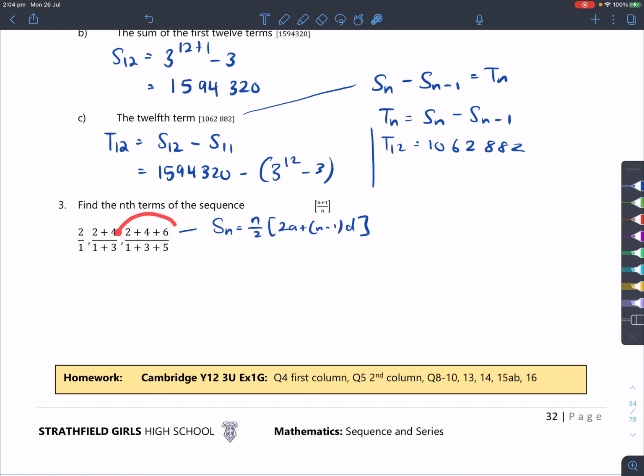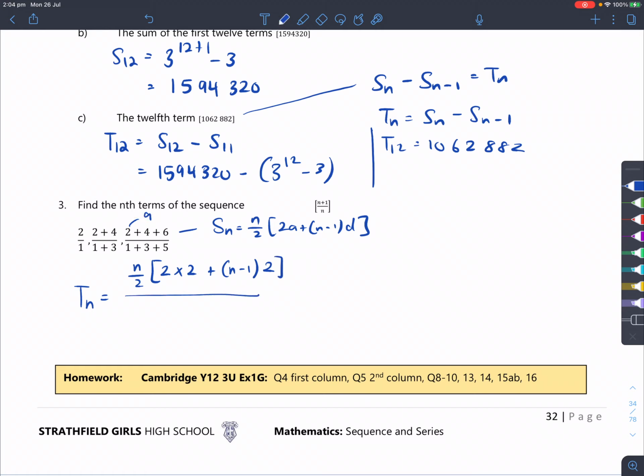So this term here, the third term, is actually the sum of 3 terms in this series. Now that becomes a term. So how we write this is we're not writing Sn, we're writing Tn equal to n over 2, then 2a, which is 2 times 2 in this case, where this is a, plus n minus 1 d, which is 2. So it's going up by 2.